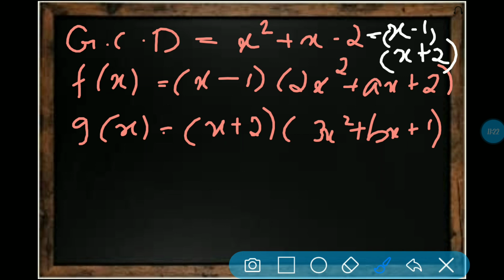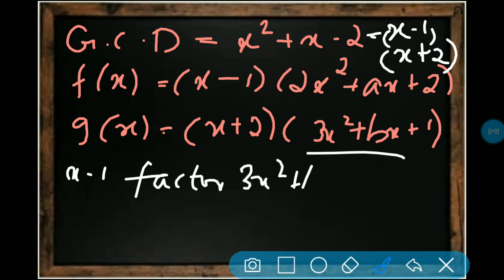So if it is like this, this is a factor for this equation and this is a factor for that polynomial. Polynomial you have to call it, better. So if x minus 1 is a factor for 3x square plus bx plus 1, then the b value will be minus 4.